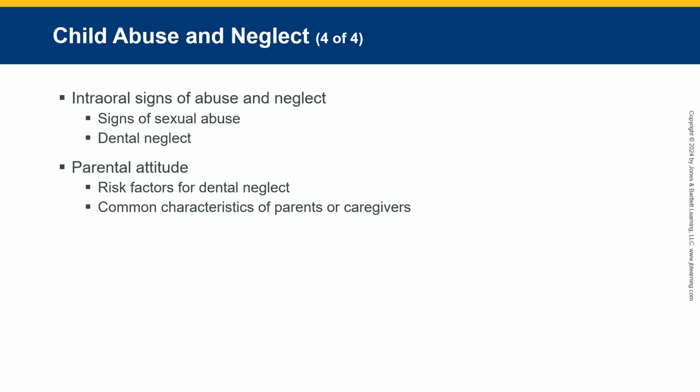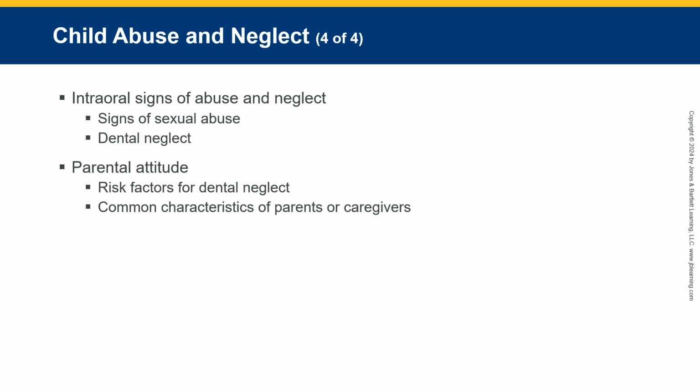Alright, let's discuss the intraoral signs of abuse and neglect, because this is really what I want you to focus on. Many injuries of the mouth can also be caused by accidental means. Maybe they fell.